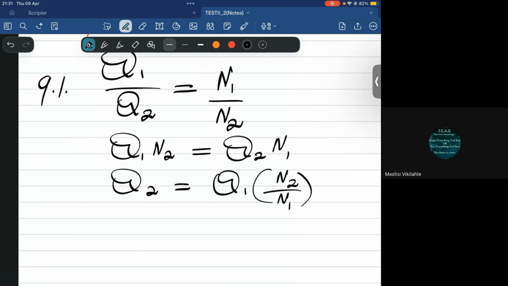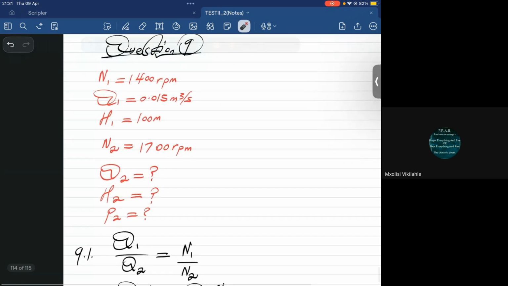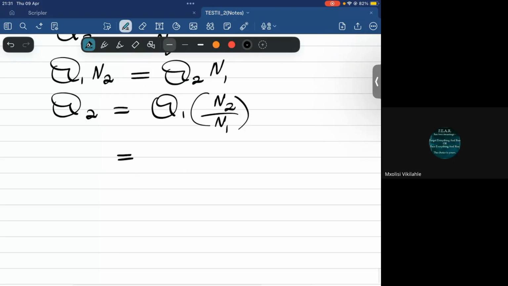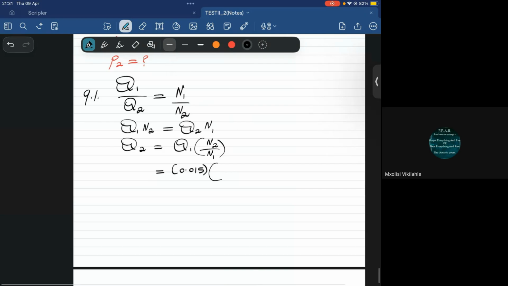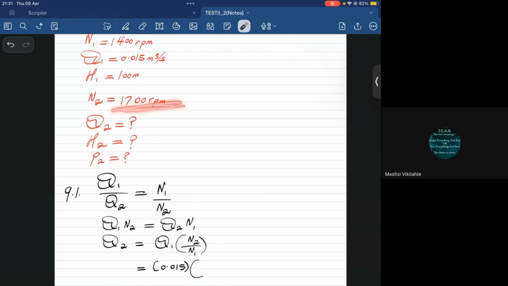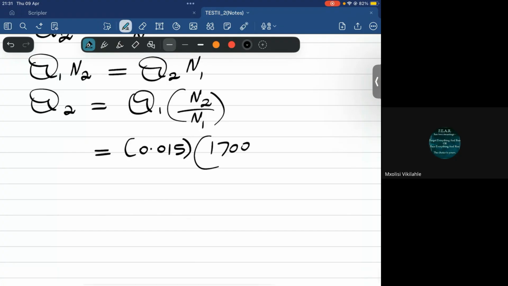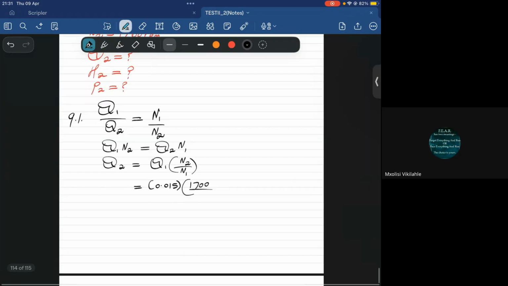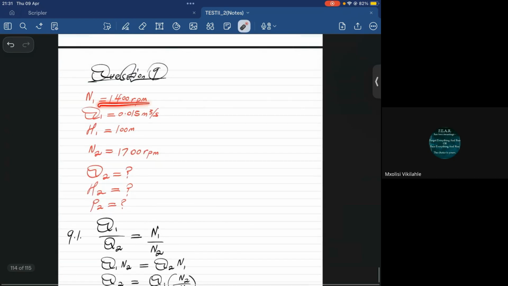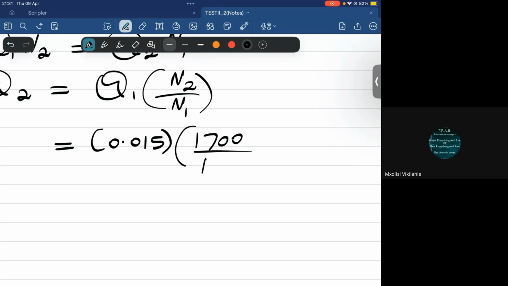Then let's substitute now. The first volumetric flow rate is 0.015, the second impeller speed is 1,700 revolutions per minute, whereas the first impeller speed is 1,400 revolutions per minute.